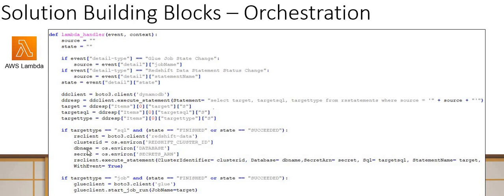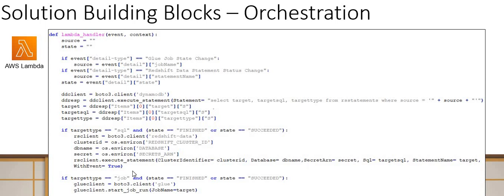And after that, I'm simply checking if the target type is SQL and the state is finished or succeeded. Then in that case, you simply create a Redshift data client, provide the cluster ID, database secret ID, and simply call execute statement. Done. And here I provide my target SQL and target statement name.